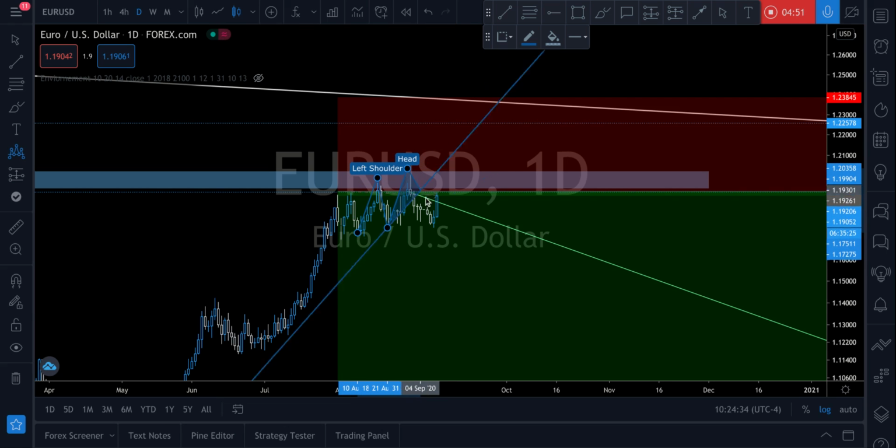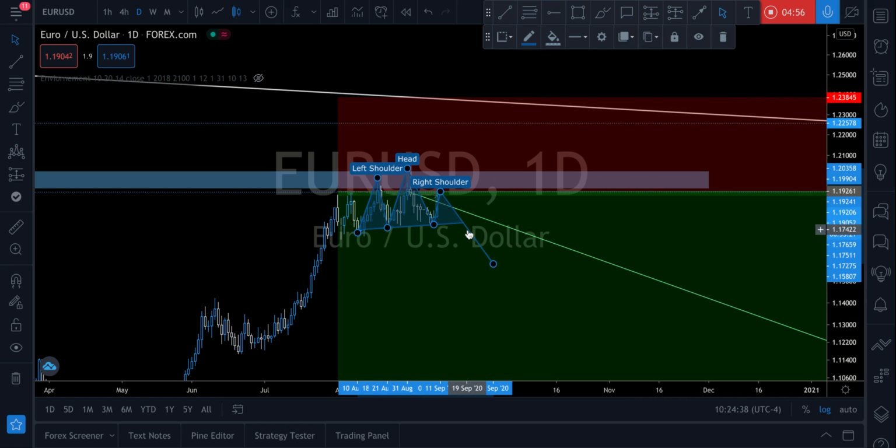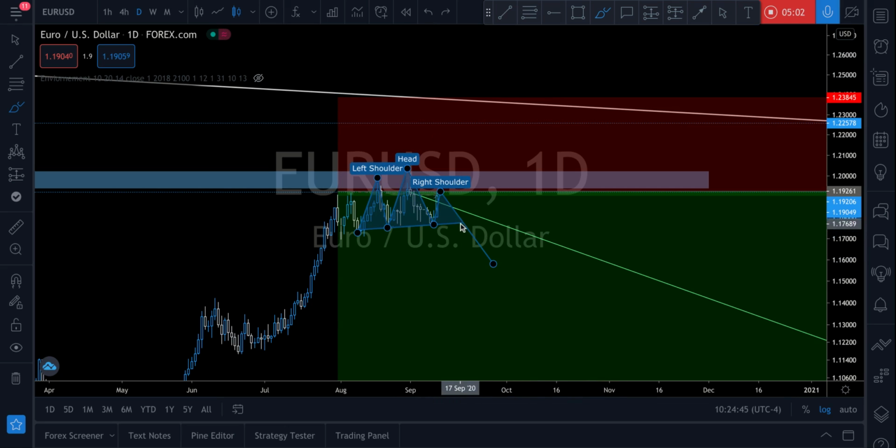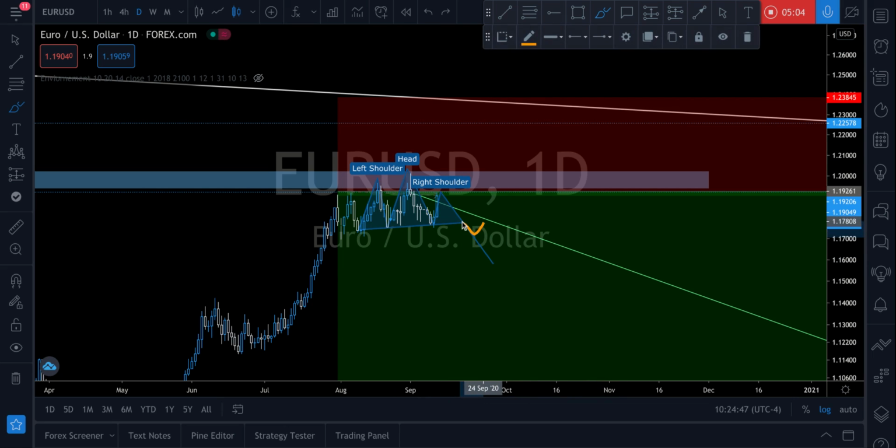Head, shoulder, head. If we can break this neckline, and then do something like this, that would be a good confirmation because we're starting to treat this area as resistance. So if we can confirm that right here, that would be great.